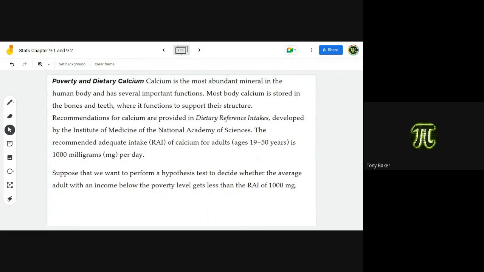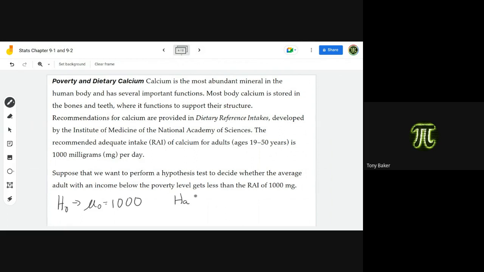So the recommended adequate intake of calcium for adults is 1,000 milligrams per day. We want to perform a hypothesis test to decide whether the average adult with an income below the poverty level gets less than the recommended adequate intake of 1,000 milligrams. So what's my null hypothesis? 1,000 milligrams.